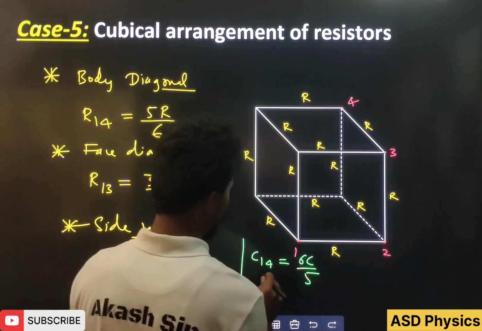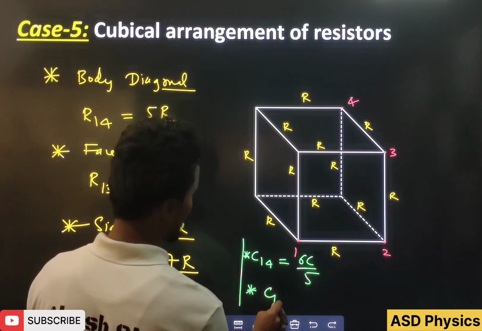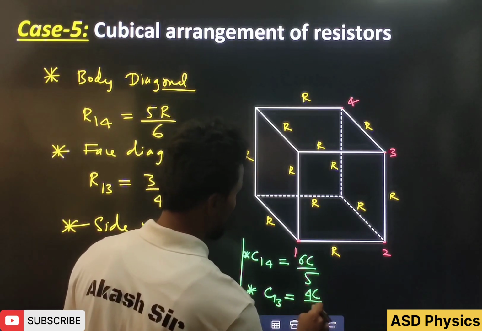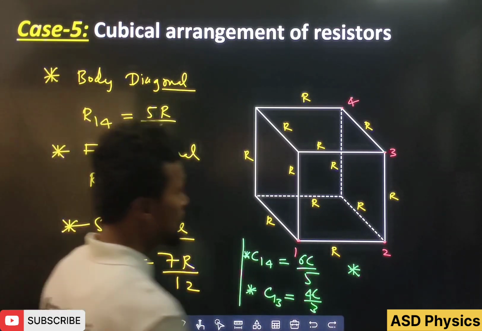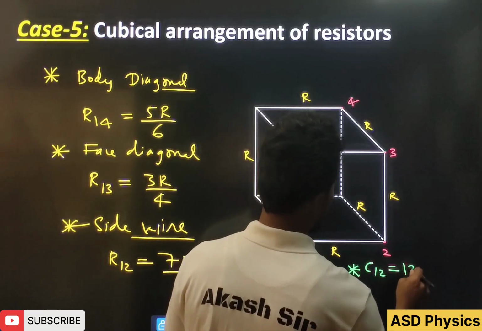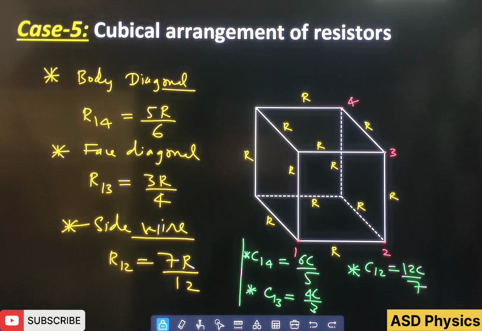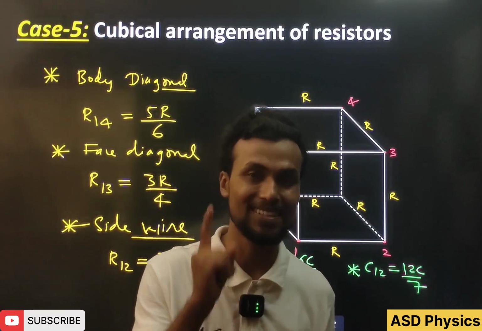If I write C13, just reversed, it will become 4C by 3. And if we have to write C12, it will become 12C by 7. So if a resistor is there, you have to use the left side formulas. If a capacitor is there, you have to use the right side formulas. I hope, students, you have understood all these things very well. Keep studying, keep growing.